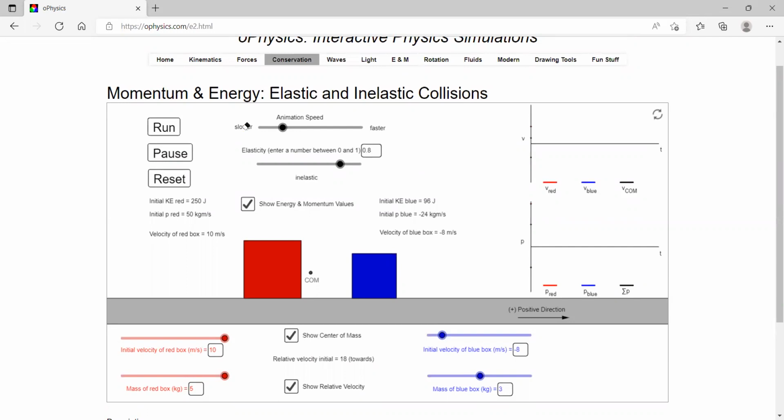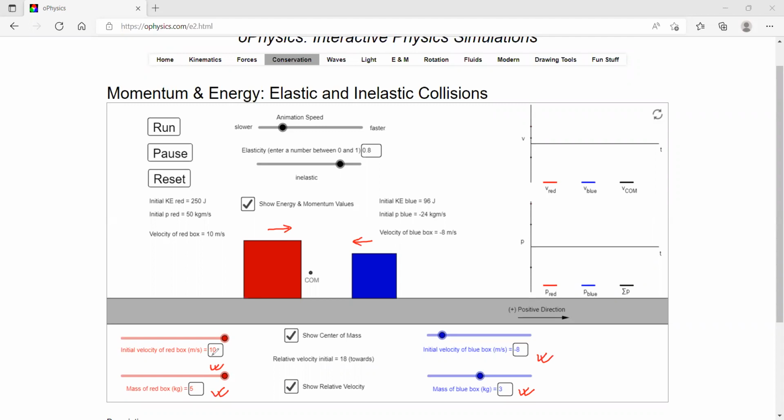The red box's mass is 5 kilograms, and the blue box's mass is 3 kilograms. The red box's initial velocity is 10 meters per second, and the blue box's initial velocity is minus 8 meters per second. So red goes in this direction and blue goes in the other direction, because red has positive velocity and blue has negative velocity.